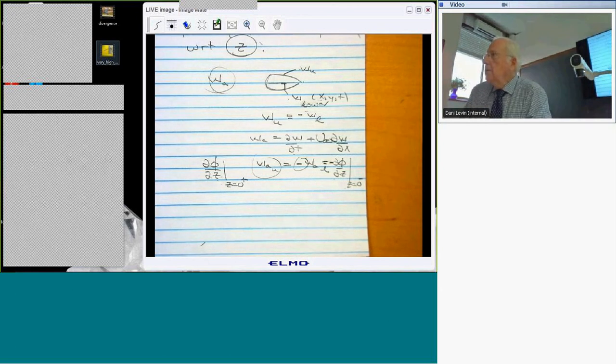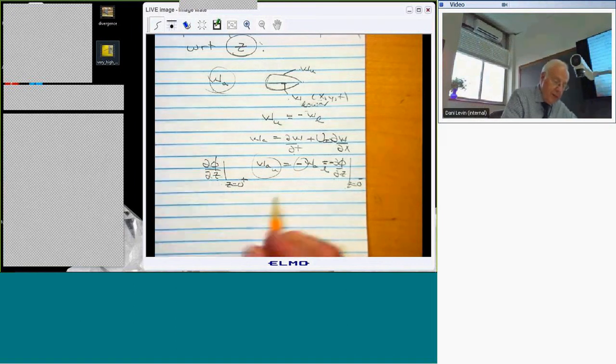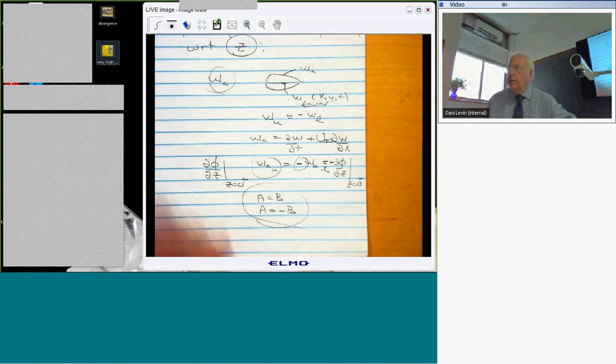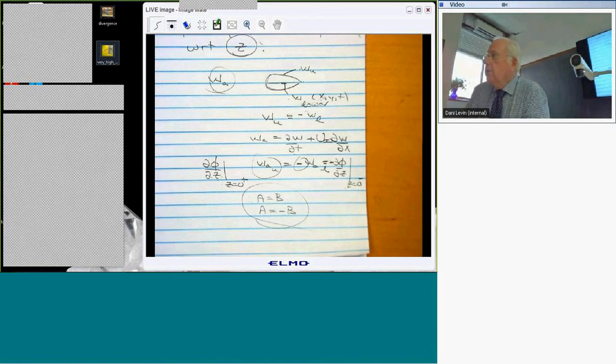I'll just use two arbitrary symbols. I'm saying A equals B, and I'm also telling you that A equals minus B. What values of A and B satisfy both equations? 0. So I have shown you, in this case, that d phi/dz is 0 off the wing.